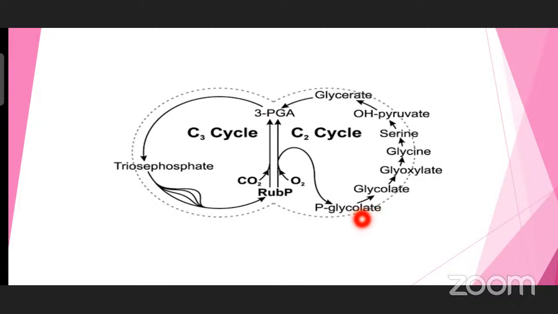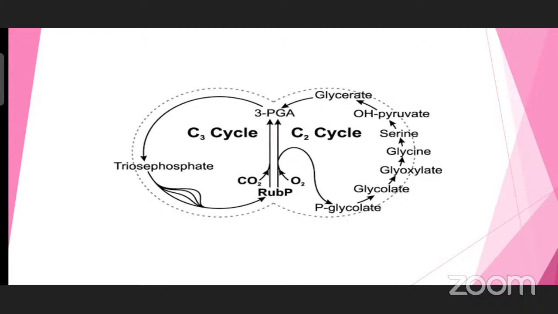Now the journey of phosphoglycolate will begin from the chloroplast, and it will become glycolate, glyoxylate, glycine, serine, pyruvate, glycerate, and convert back to phosphoglyceric acid. All these changes are taking place from chloroplast to peroxisome to mitochondria, again from mitochondria to peroxisome, peroxisome to chloroplast. Back again, it becomes a 3-carbon compound called phosphoglyceric acid.